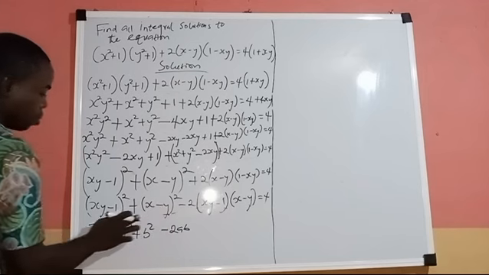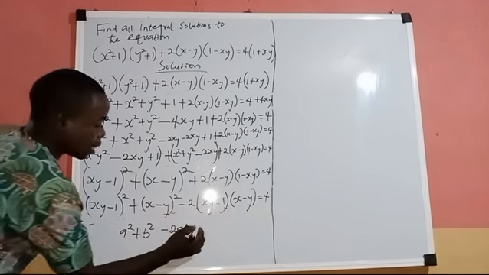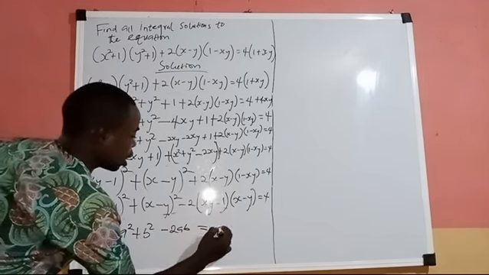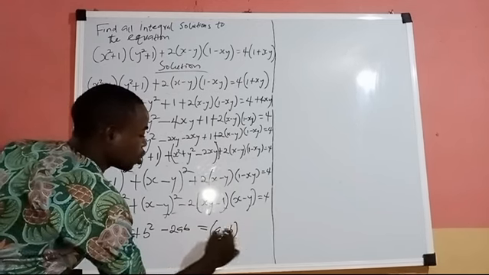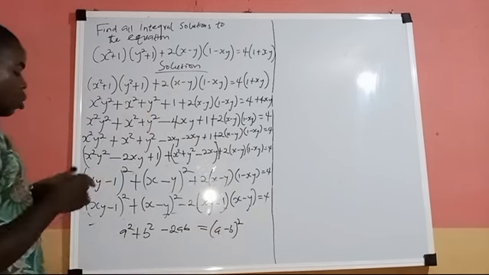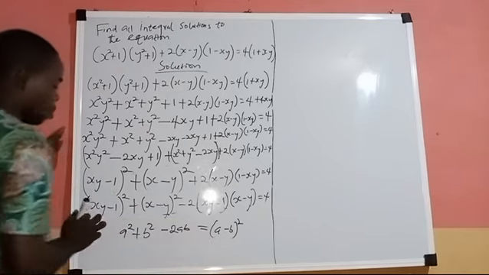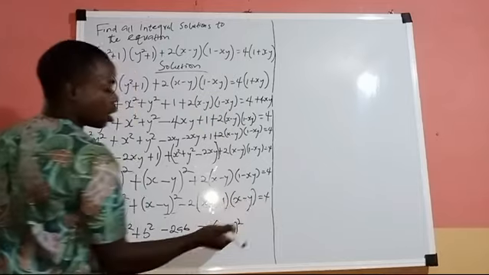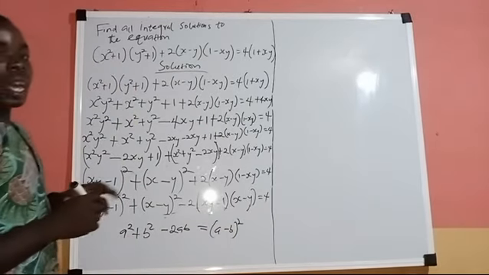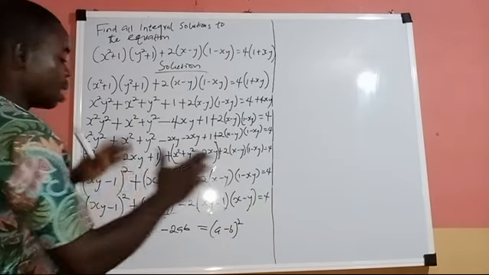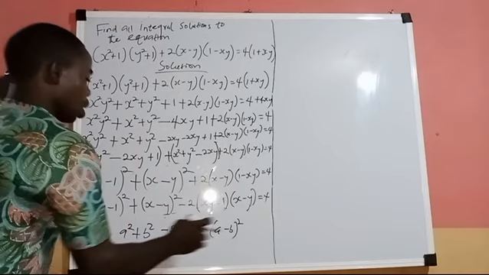So let me go ahead, and of course you know that this term is the same as (a minus b) squared. Using this idea that this whole term is the same as this, we are going to write this whole thing that we see here in the form of (a minus b) squared.